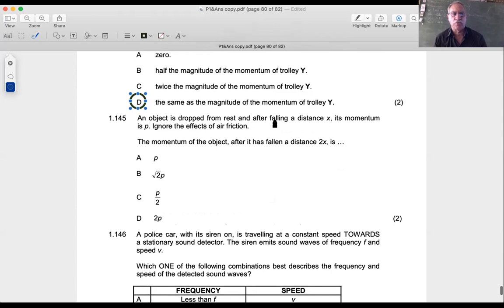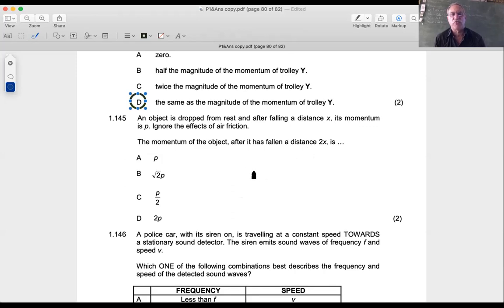Okay, an object is dropped from rest and after falling a distance x, its momentum is P. Ignore the effects of air friction. The momentum of the object after it has fallen a distance 2x is, okay, so if it falls a distance 2x, it's going to have a velocity that is going to be 4 times as big.